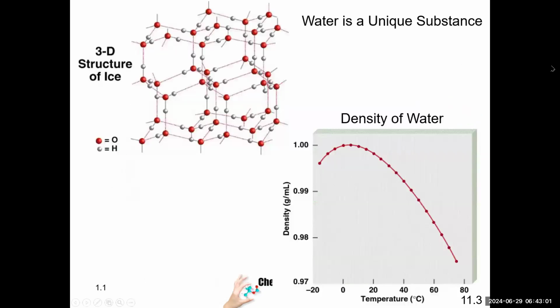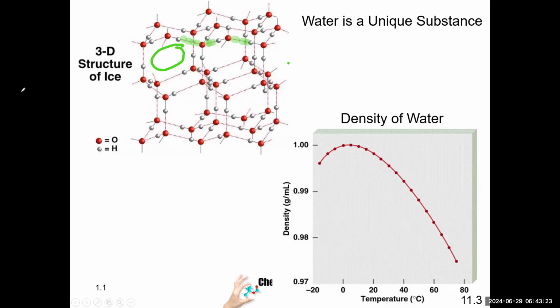Yeah, here is water. That's what I was trying to explain: the extensive hydrogen bonding in ice. This is ice, and you can see large gaps here. And you can see these hydrogen bonds here, this one, this one. Oxygen is attracted to hydrogen.